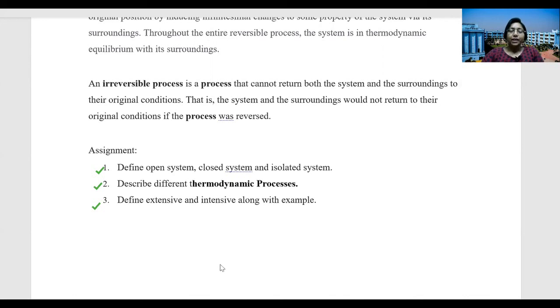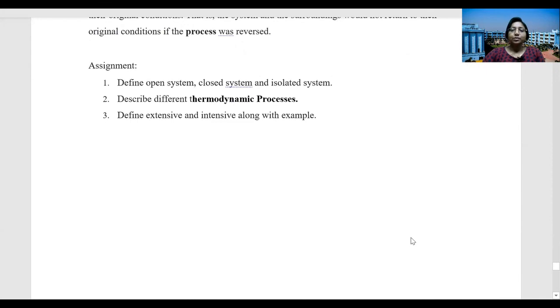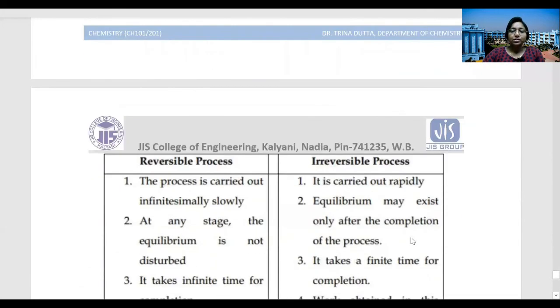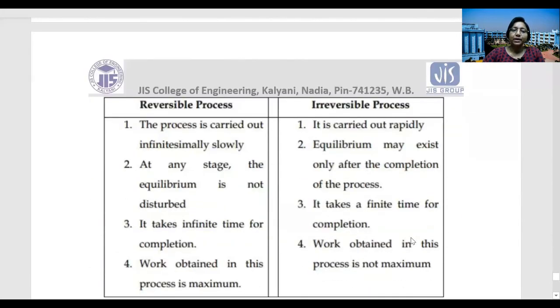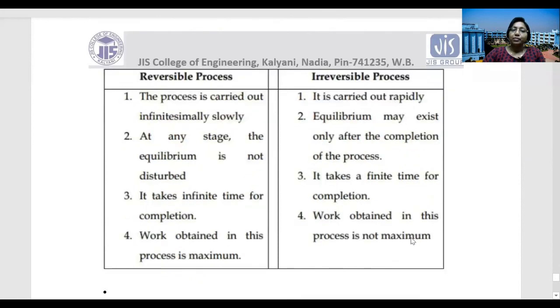Now, if I say distinguish between the reversible and irreversible process, what you can write, I have given also here in your study material. For the reversible process, number 1, the process is carried out infinitesimally slowly.